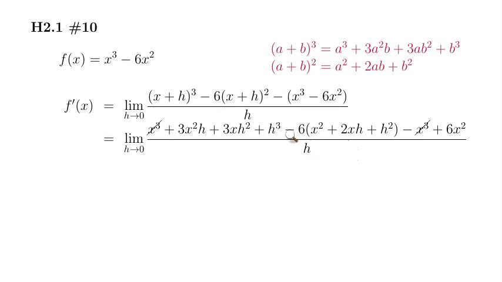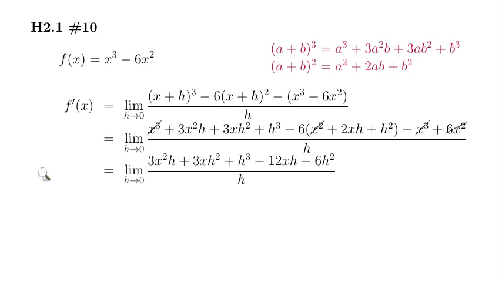Here there's a negative 6x squared and a positive 6x squared, so we can cancel 6x squared. I cancel those, and as you clean up, you end up with something like this. I just collect all the leftover terms like that.